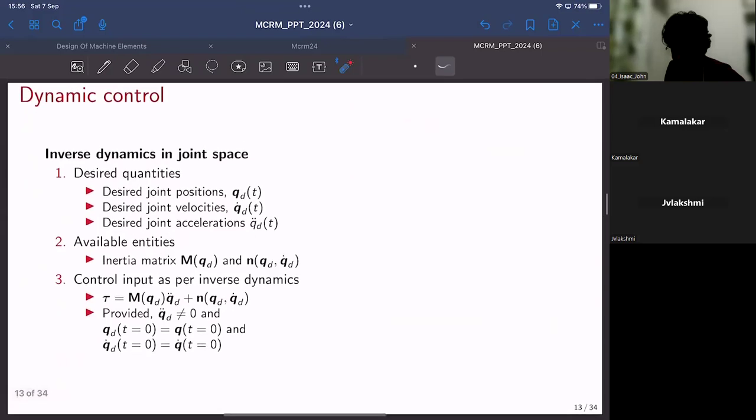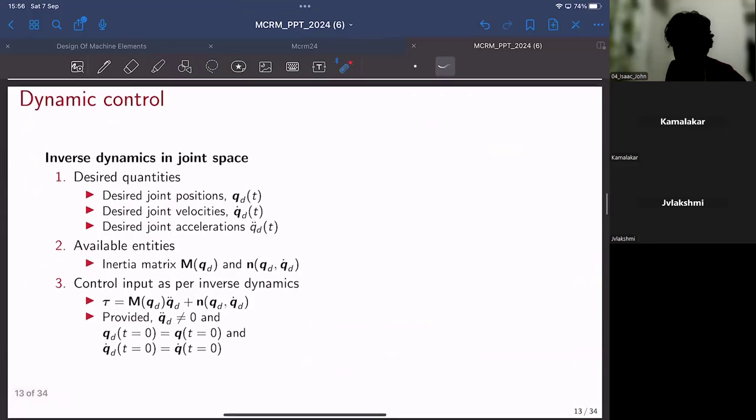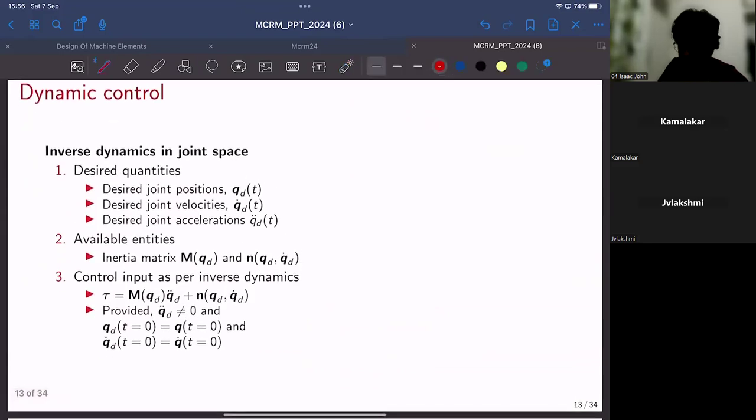And on a similar note, we also have dynamic control. Dynamic control will also have an open loop control as well as a closed loop control. The first one is what we call inverse dynamics control, which is actually an open loop control.